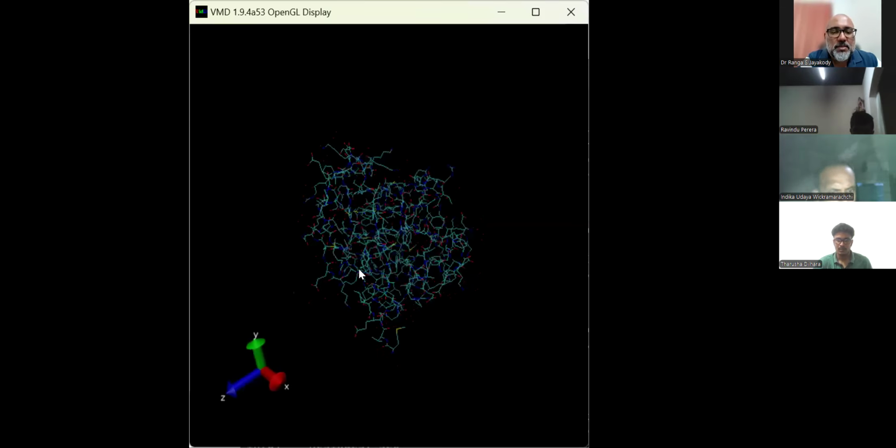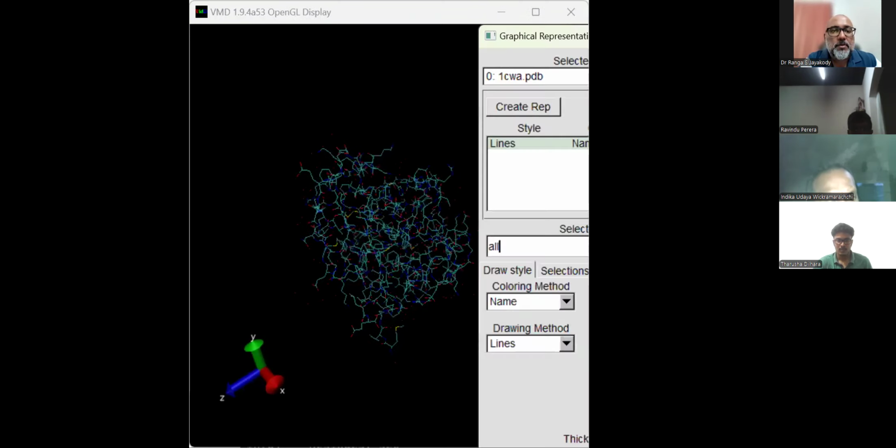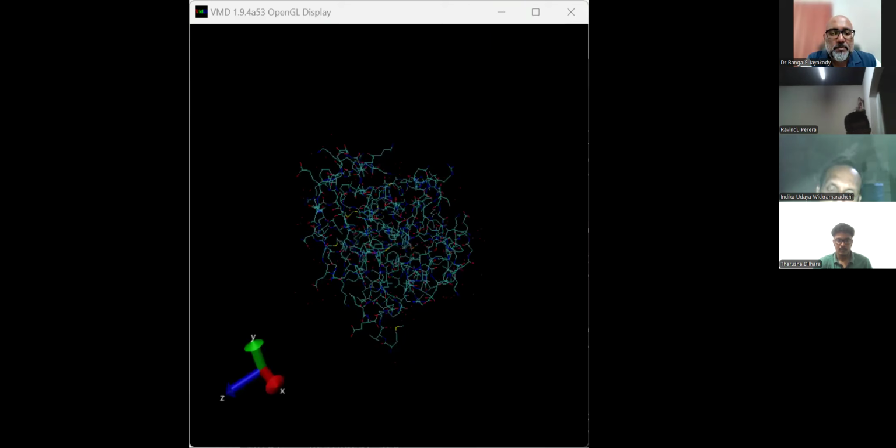Okay, so this is the protein structure. I'm going to change how it looks. Too many things happening here.